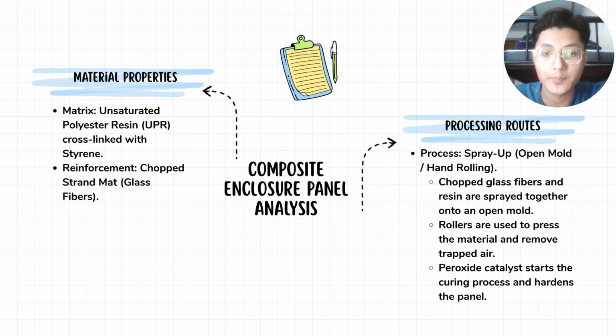It is made by spray up, which is open molding or hand rolling. First of all, chopped glass fiber and resin are sprayed together onto an open mold. Then, rollers are used to press the material and remove trapped air. And lastly, peroxide catalyst starts the curing process and hardens the panel.